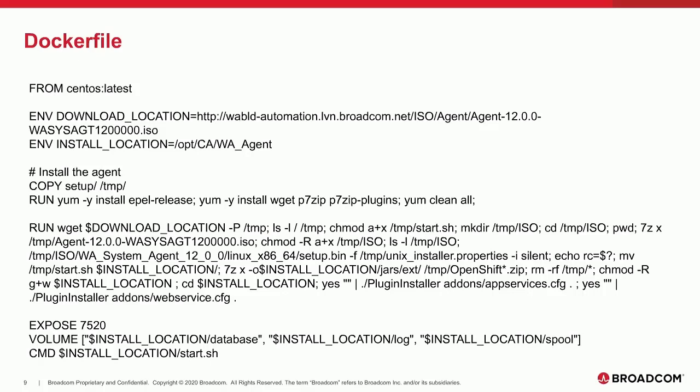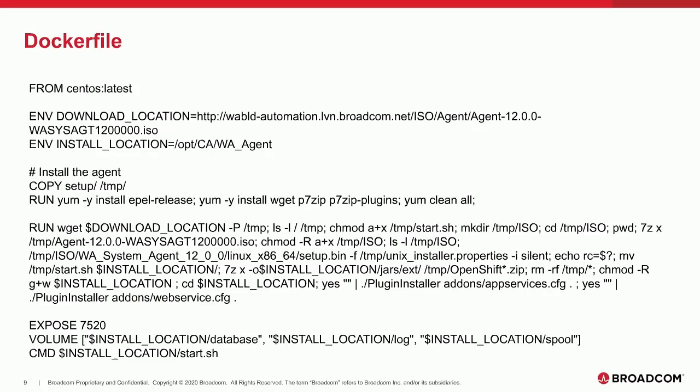Because in here you'll see where we're downloading the image as well as extracting the ISO image to a temporary location, and then running the setup.bin in silent mode. And then in this one it's installing a couple of plugins, as well as extracting a POJO implementation. So it kind of shows a little bit of everything in there.